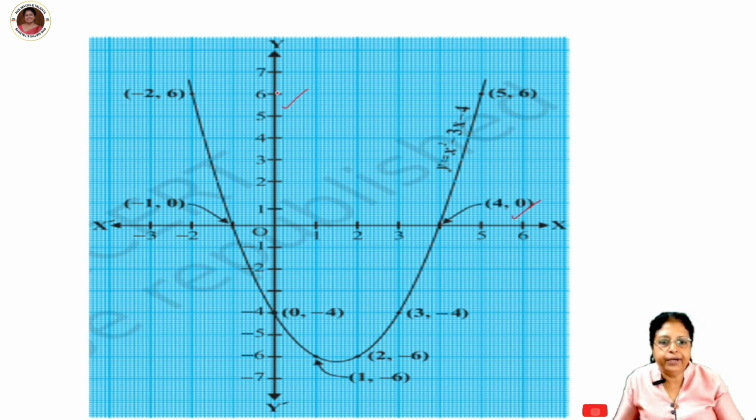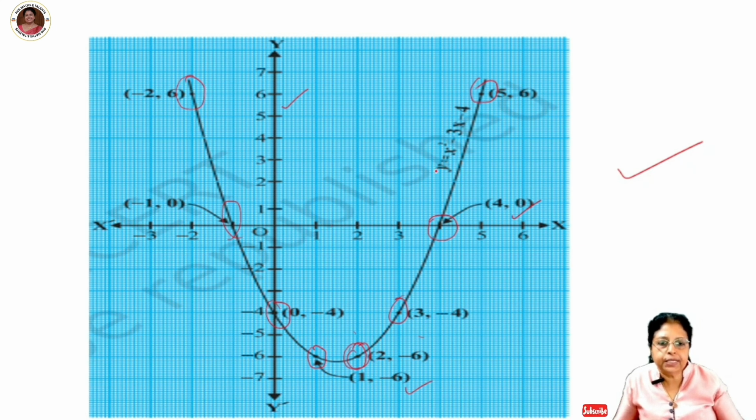See, the points given are -2, 6, -1, 0, and 0, -4, then 1, -6, then 2, -6, then 3, -4, then 4, 0, then 5, 6. We are plotting these points and joining these points using a curve. Then we are getting a graph like this.